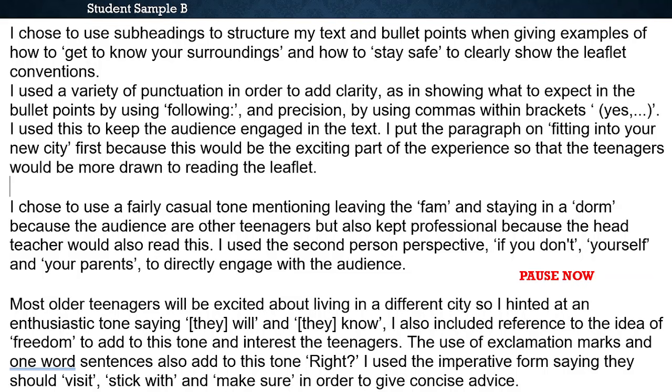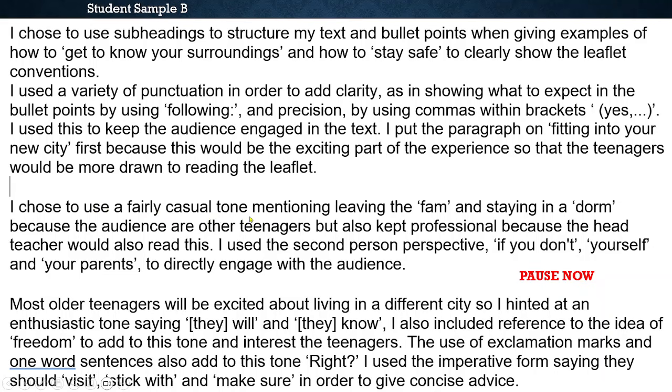They're discussing the punctuation in an overview, but then they delve deeper into it. They focus on using the colon, so they could have actually used the punctuation name, colon, as a word, and that would have been fine, and precision by using commas within brackets. Now that's much better because now we're actually identifying the punctuation that is being used.